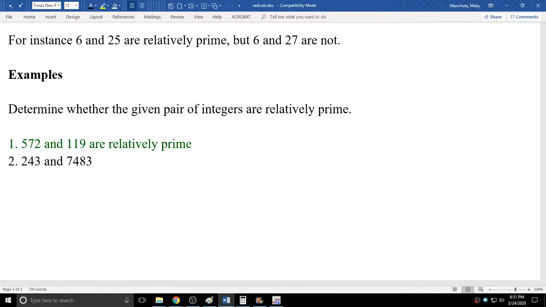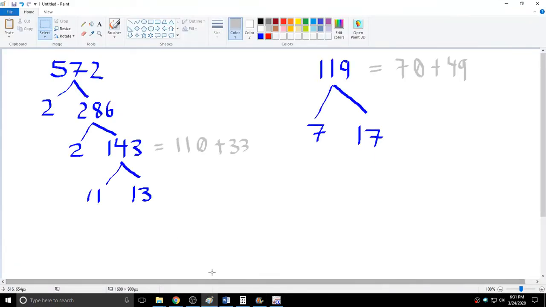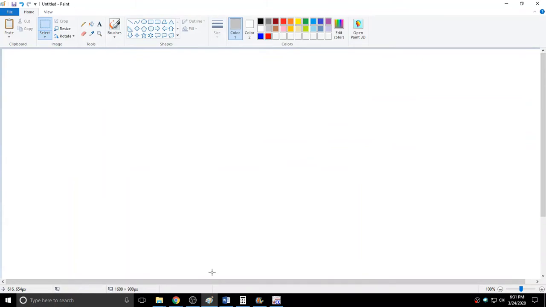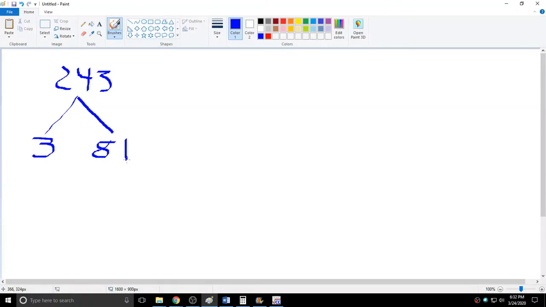Now let's look at 243 and 7,483. 243 is divisible by 3. When you do the division, that's 3 times 81. 81 is also divisible by 3.